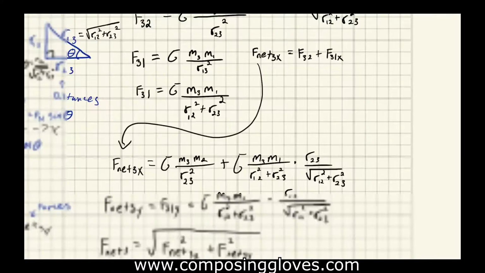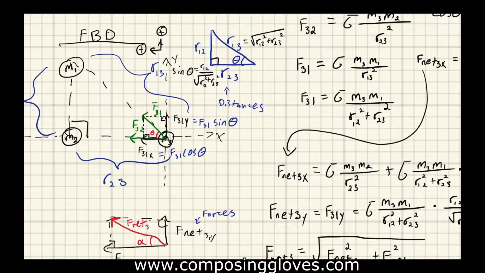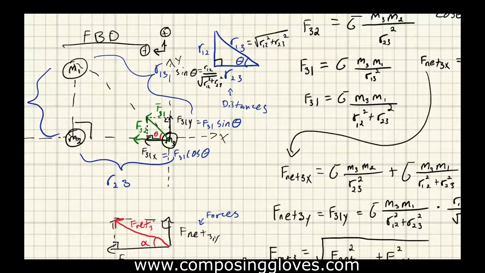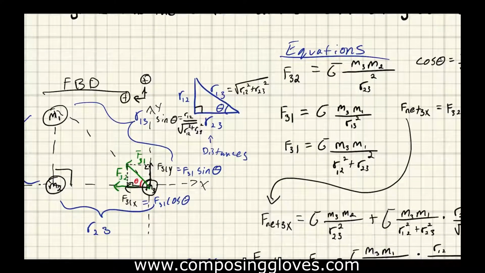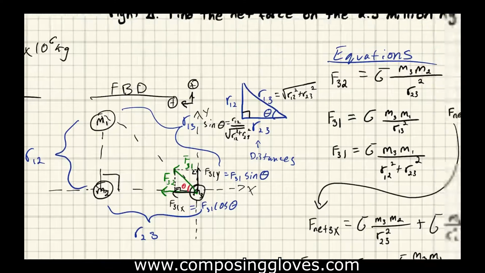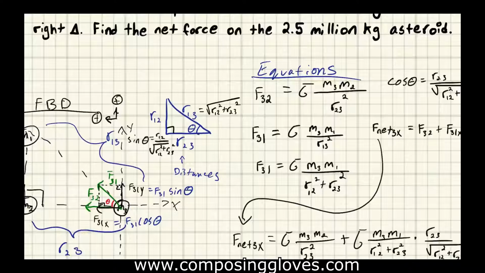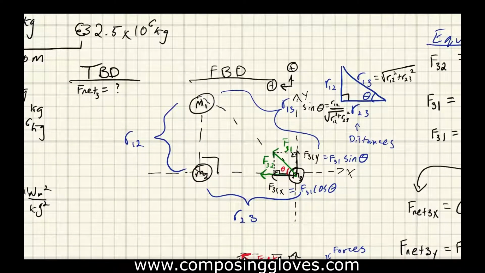Before we write Fnet 3x, we've got to figure out what this angle theta is. I know it's one thing after another, but none of it is a complicated step. It's mostly just keeping track of where you are. If this is theta, and this whole thing is a triangle, we can use trig. Cosine theta is equal to, if you remember your SOH CAH TOA definitions, the adjacent side R23 over the hypotenuse R13.